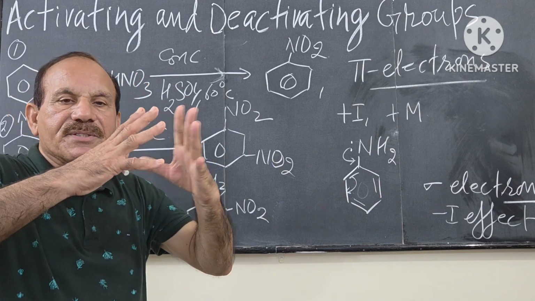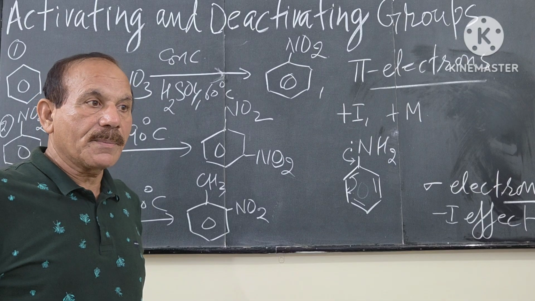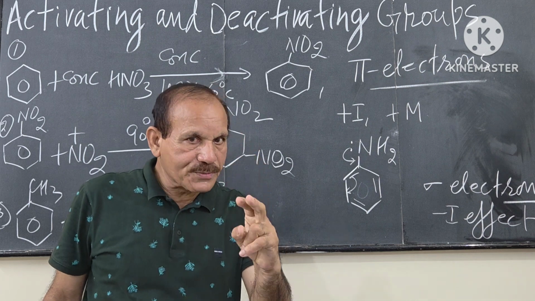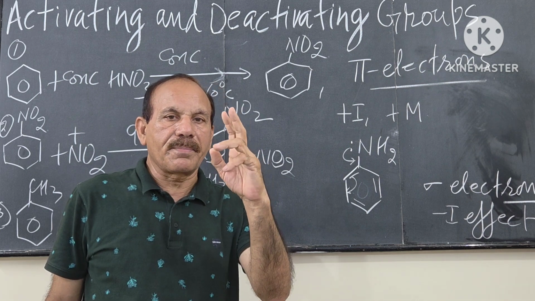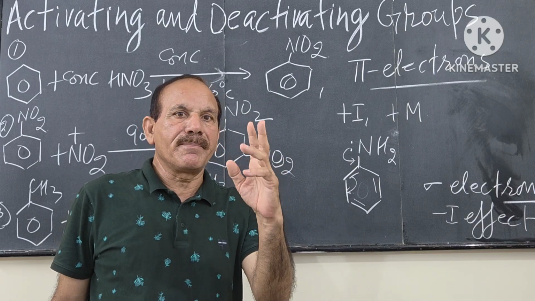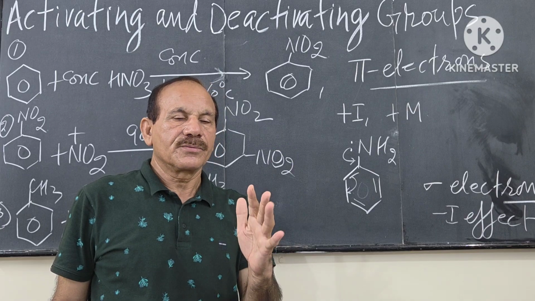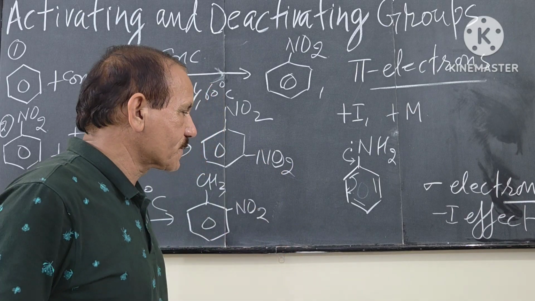Same is the case with other groups. Simple thing: the groups which increase the availability of pi electrons on the benzene ring make the benzene ring more reactive. Such groups are known as the activating groups.